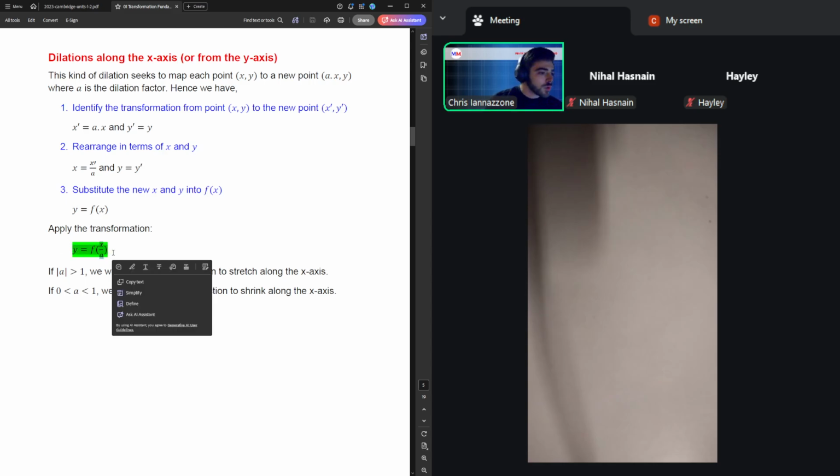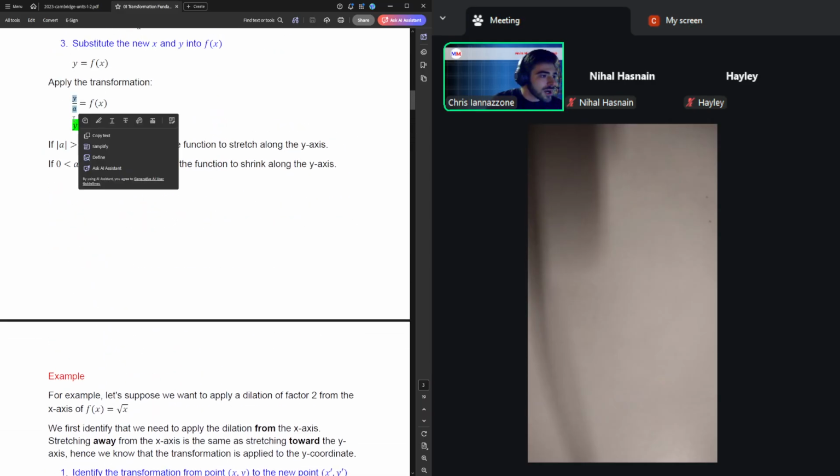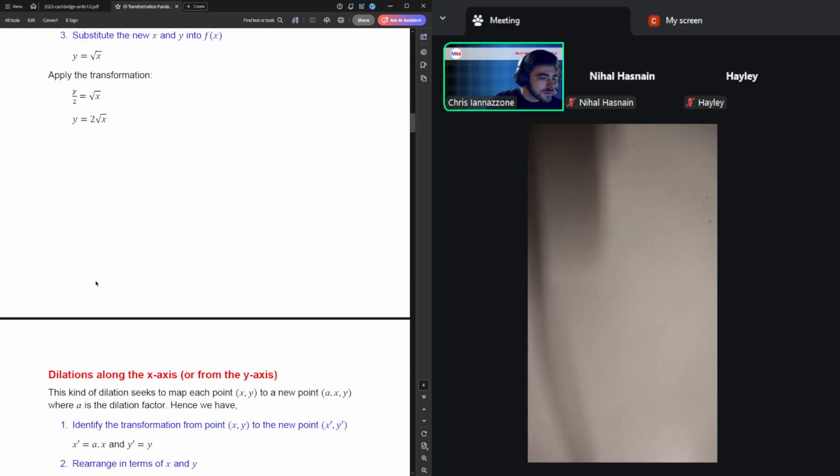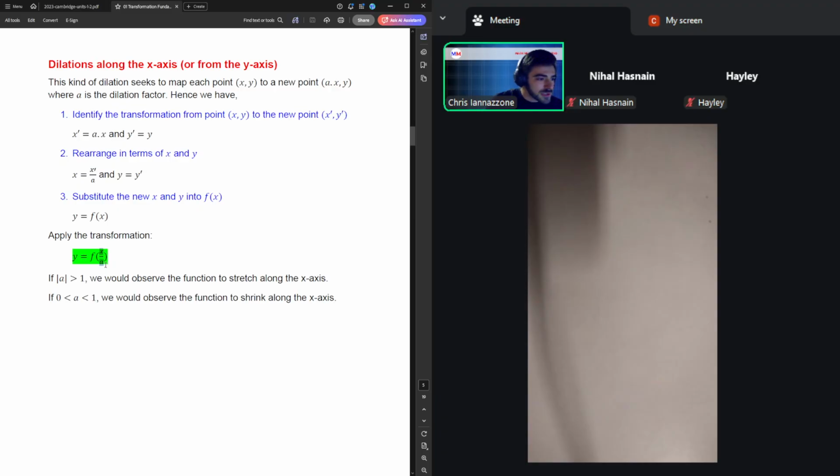One thing worth pointing out though, oddly enough, is that when you've actually rearranged everything to its final position, what we'll notice is that when it gets substituted into the function, because there's no additional step of trying to get this y back on its own, dilations that are in the x direction end up appearing as divisions in our function.